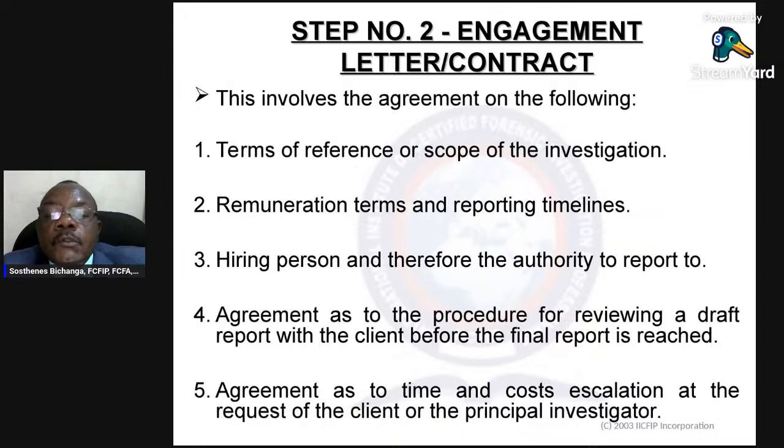The engagement contract is usually drafted, discussed with the client, and agreed before signing. The person who drafts the engagement letter is the service provider, that is the principal investigator, representing a forensic investigation service firm.